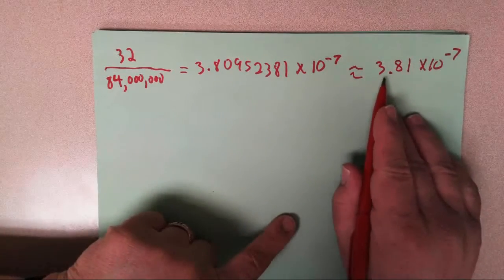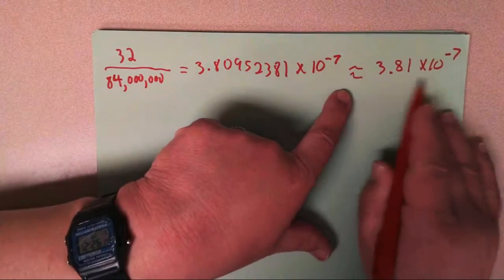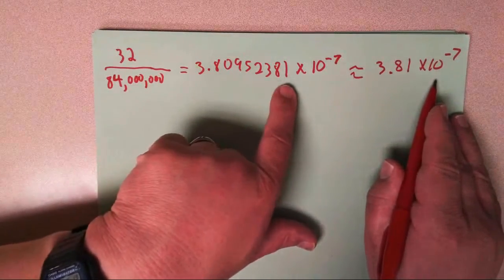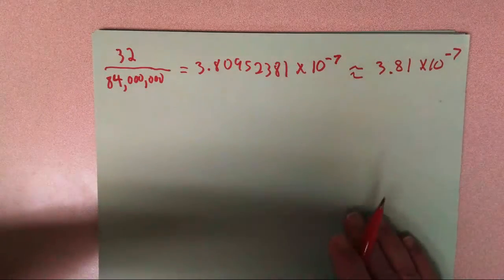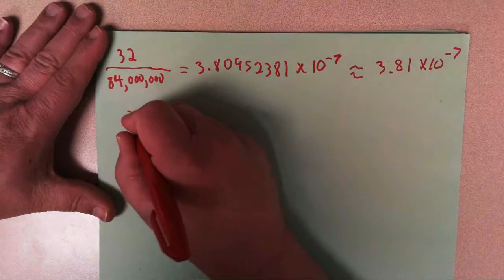So in other words, they'll only use 3 digits here, which is approximately equal to this. So it's not giving you as many decimal places. Okay, it's approximately this. And so let's actually look at that one.